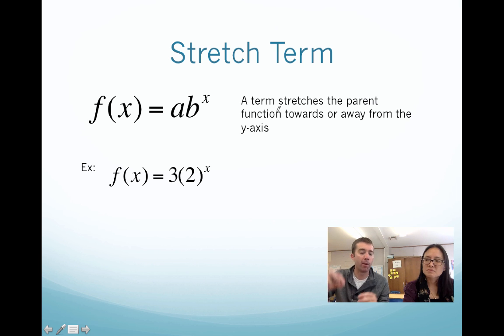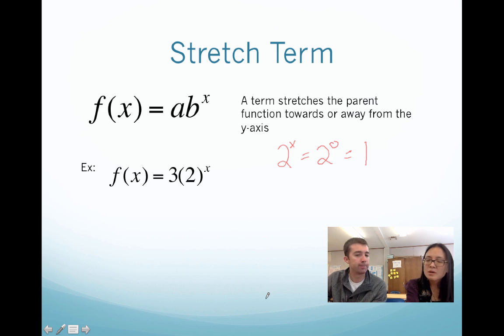If you think of a rubber band, you're pulling your function upwards, moving it closer or further away from the y-axis. If you get confused by looking at the whole graph, you can just look at one point, maybe the y-intercept. The y-intercept of something without an a term, for example just 2 to the x, would be 2 to the 0, so our y-intercept would just be 1, the point (0, 1).